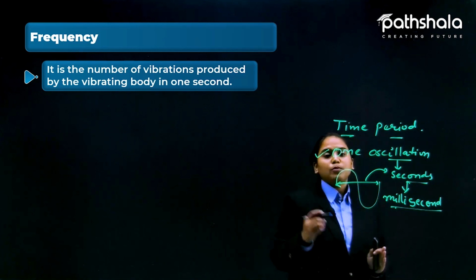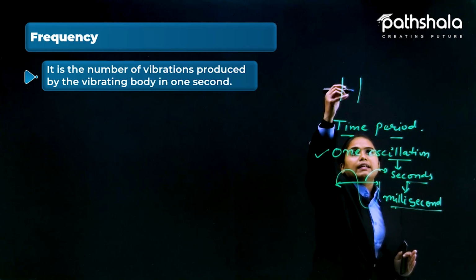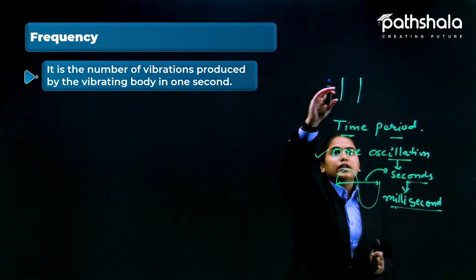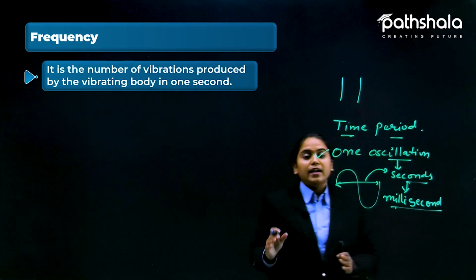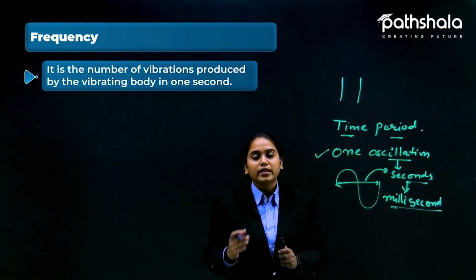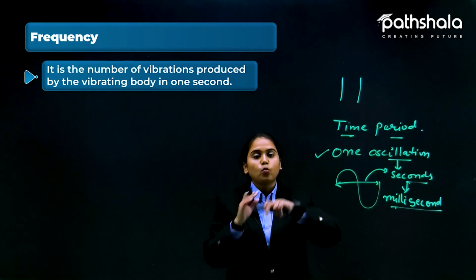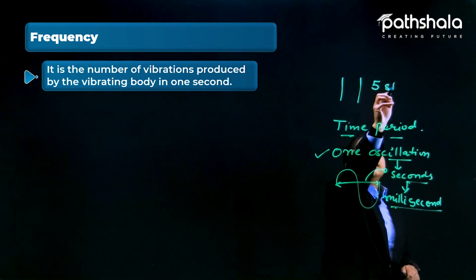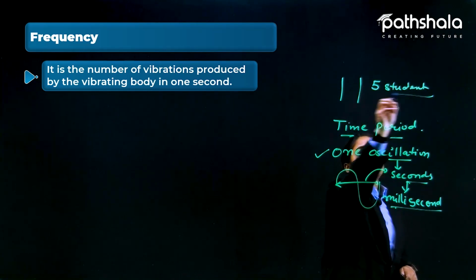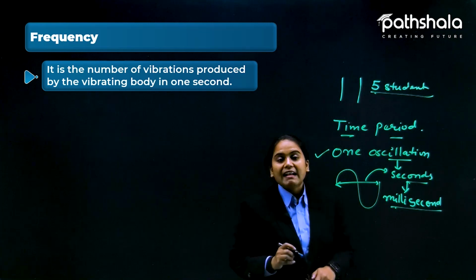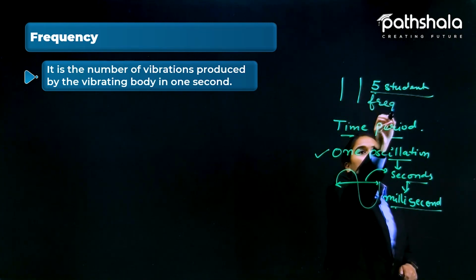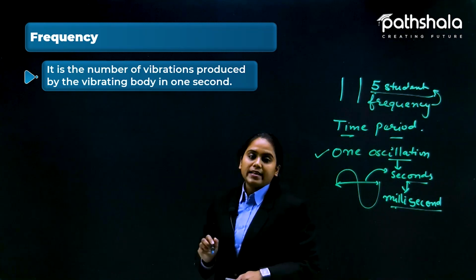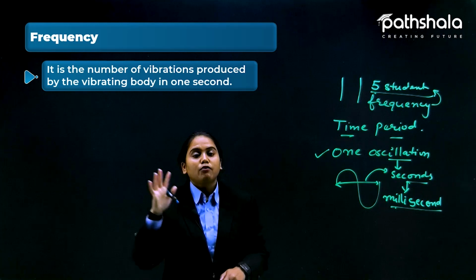Let's suppose I'm giving you an example: there is a door, and students go through this door in a queue, and the teacher is calculating how many students are passing through the door in 1 second. If, let's suppose, 5 students are passing through it, the teacher can say that the frequency is 5. The frequency of students passing through the door is 5.